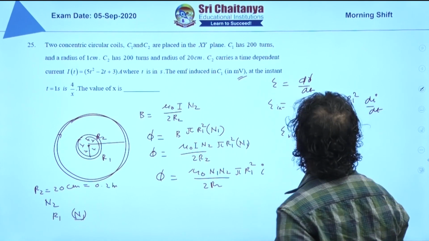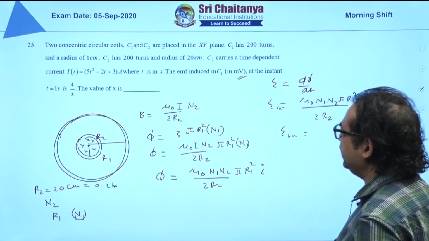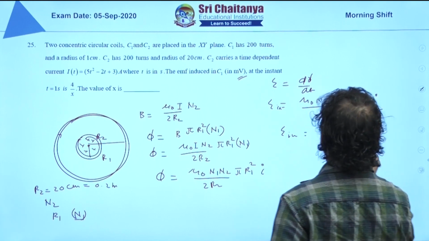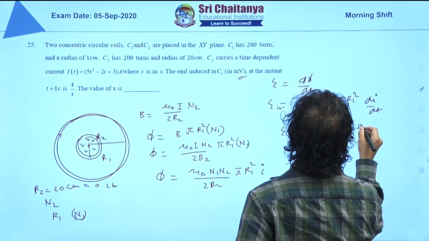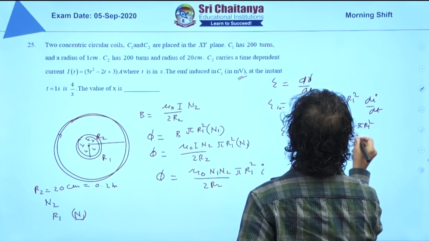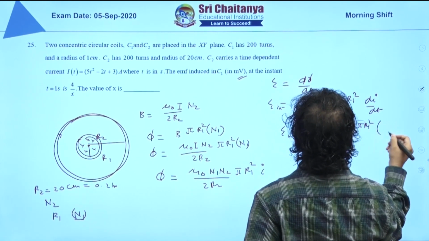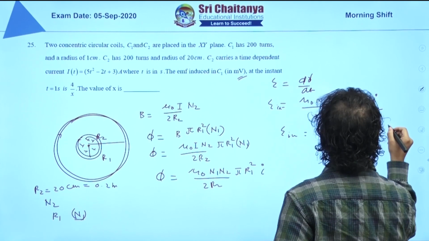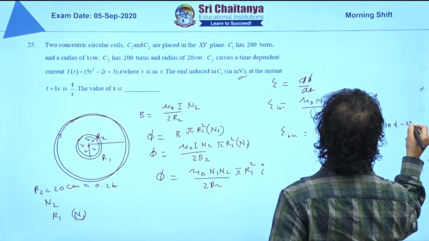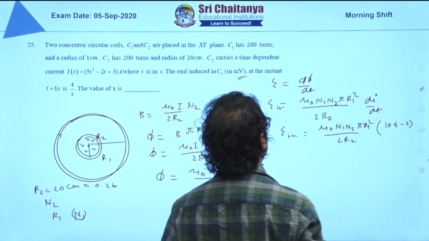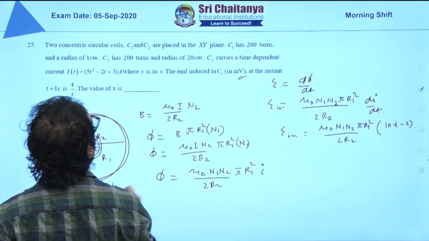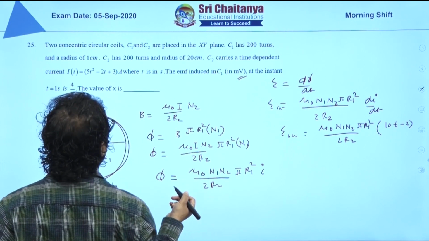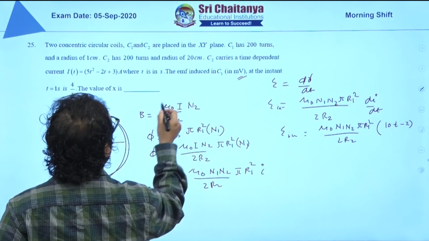So, di upon dt is how much? 10t minus 2. So, mu naught N1 N2 pi R1 square by twice R2 into 10t minus 2. All the values are given, but we have to find it in millivolt.